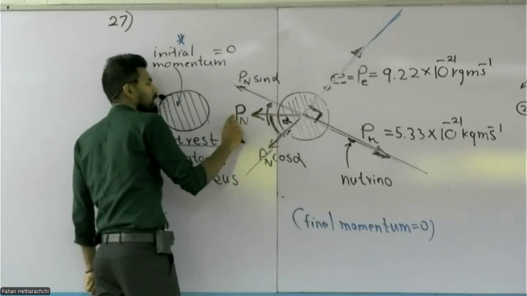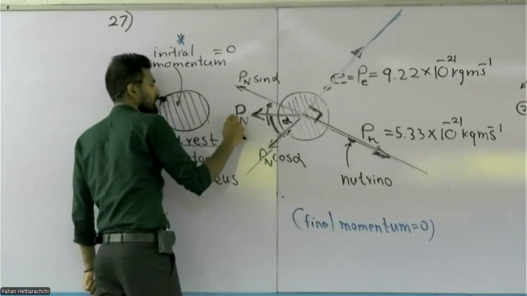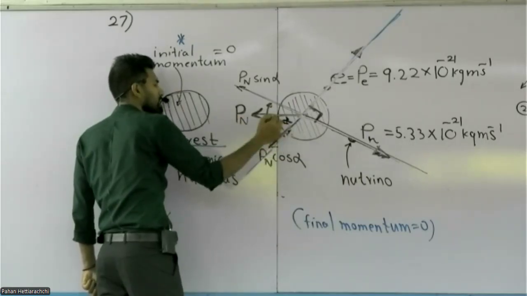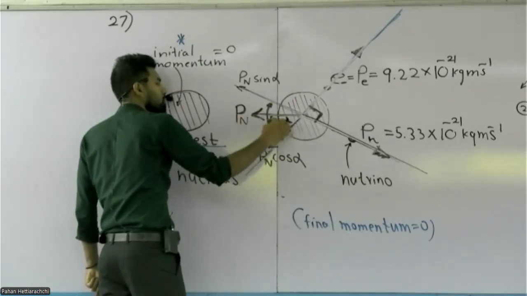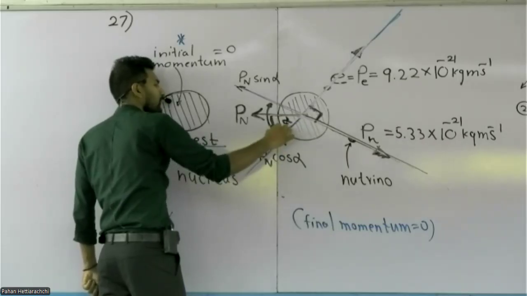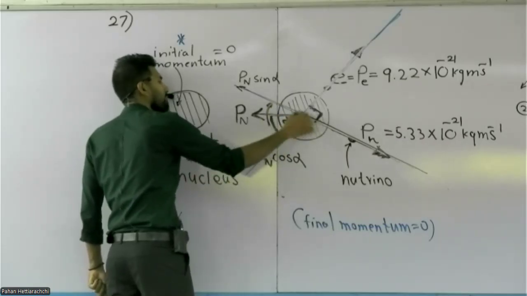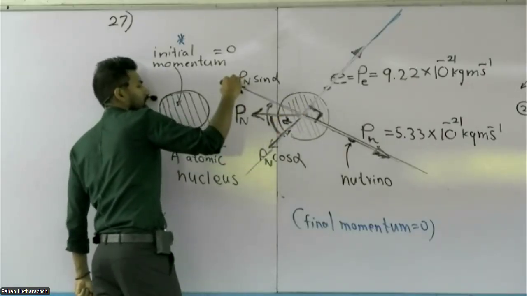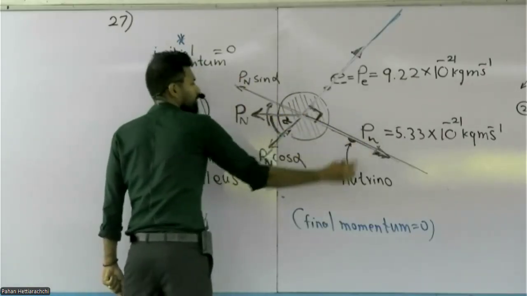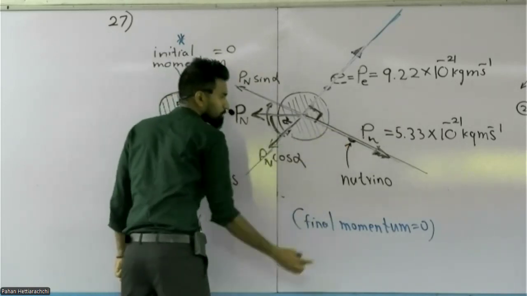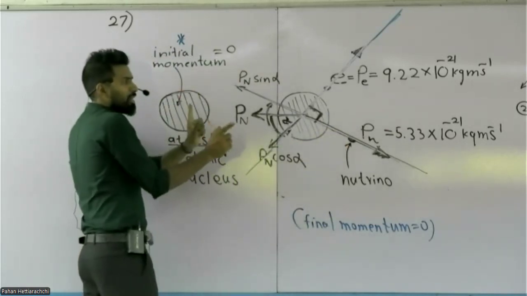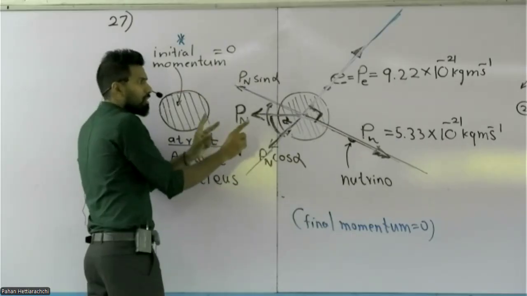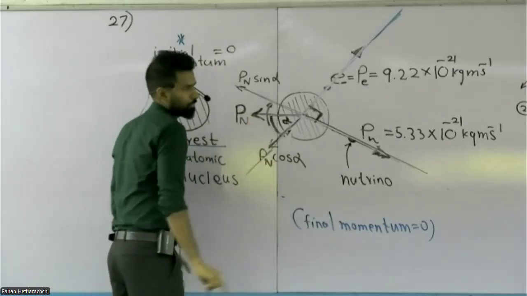The nucleus has a momentum of P_N in a certain direction. If angle alpha is here, the component to this side is P_N cos alpha, which we considered. In the other direction, it's P_N sin alpha. So P_N sin alpha will be cancelled by the momentum of the neutrino. Then that problem is also solved. In both perpendicular directions, the momenta are cancelled. Now the final momentum is also zero.